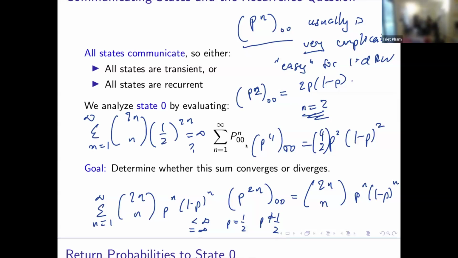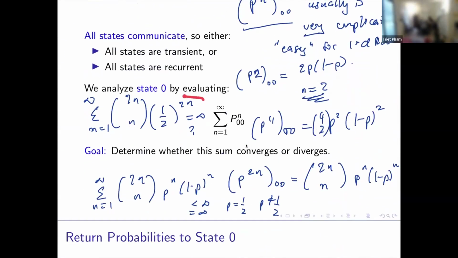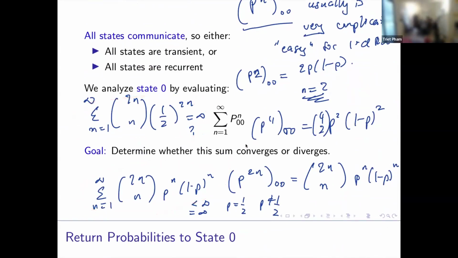But the point is the tools we have developed, namely whether the sum is finite or infinite, lead us to something that you can ask ChatGPT these days, or back in the old days look up in an analysis textbook, or think about for yourself. So it leads to something tangible that we can analyze.